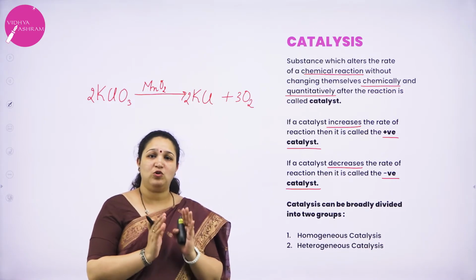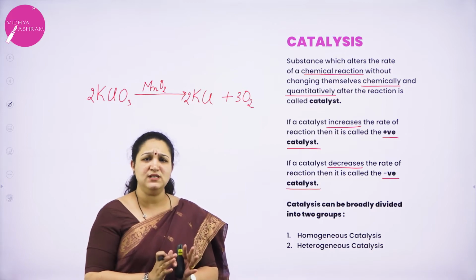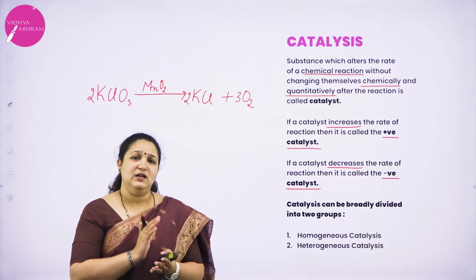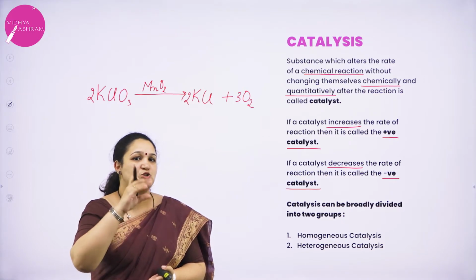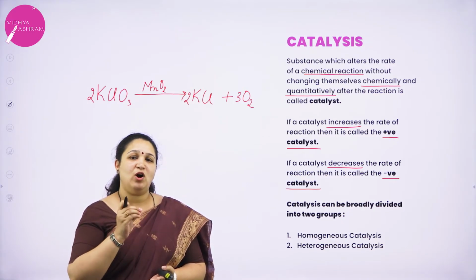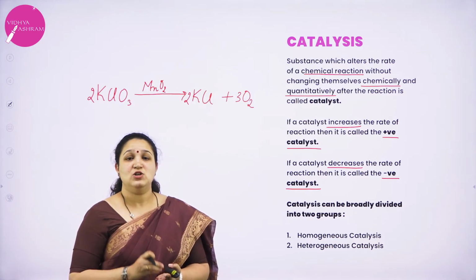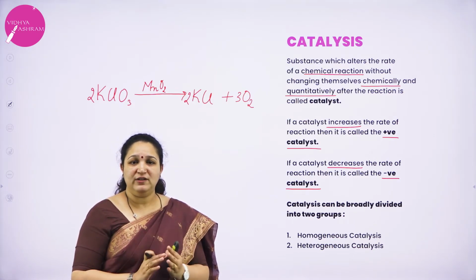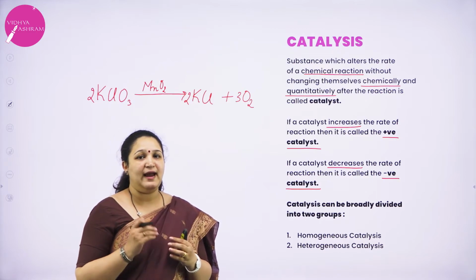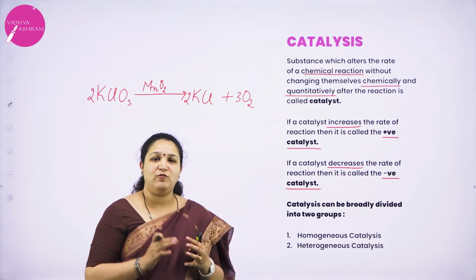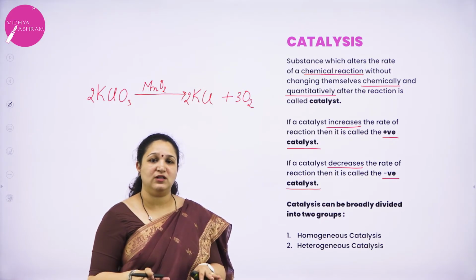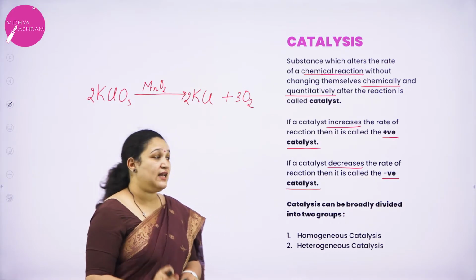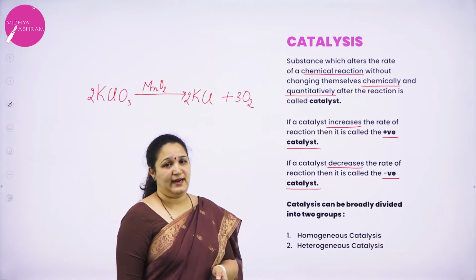So when we store chloroform, we keep it in dark colored bottles, filled up to the brim so that there is no air. Also, a small amount of alcohol is added so that even when chloroform comes in contact with air and sunlight, the rate of formation of phosgene will be reduced. This is an example of a negative catalyst.